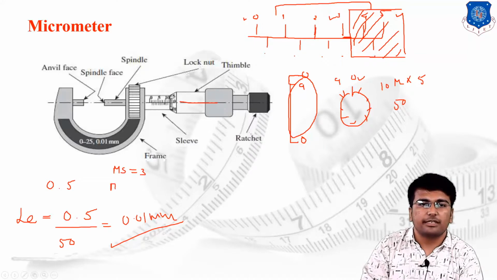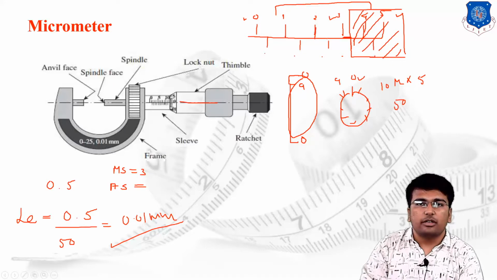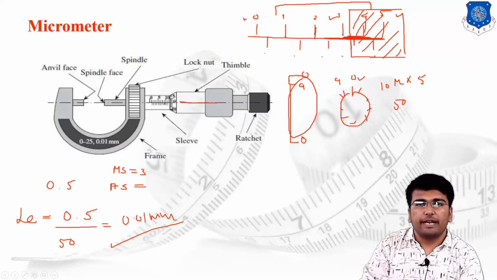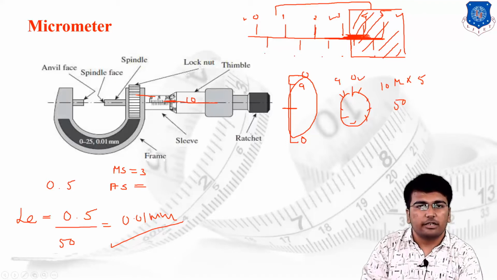Now the auxiliary scale reading, you are supposed to find on the horizontal reference line, which particular division will cut the horizontal line on the auxiliary scale circle. Suppose on the circle you are finding the division number 10 is making a proper horizontal coincidence.